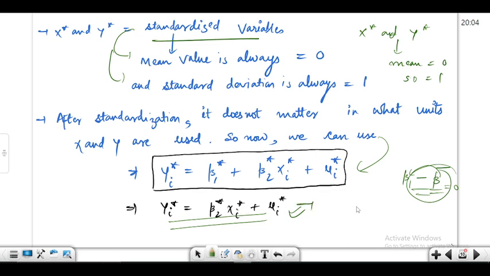So if xi star rises by one standard deviation, the expected value of yi star increases by beta 2 star units of standard deviation. This is the interpretation of this equation.